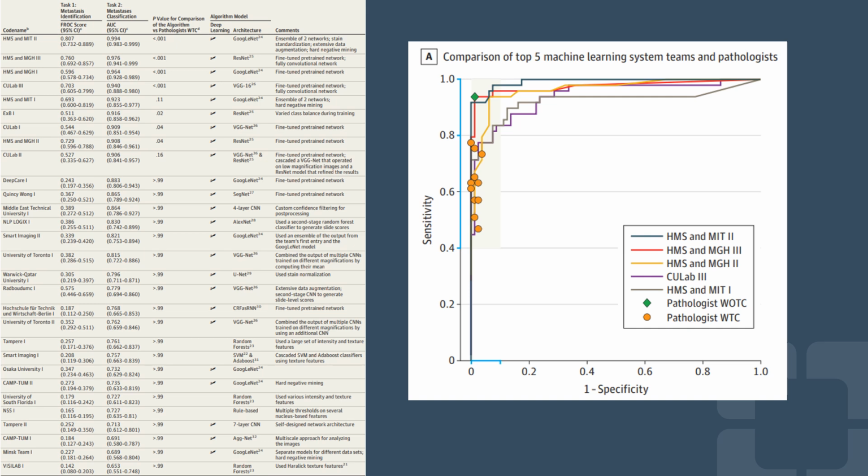And compare that to the receiver operating curves of the various algorithms, and the Harvard MIT team 2, which has the blue curve, was better, even better than all the pathologists, and even the pathologist without time restriction. And looking at the top performances in the table on the left, the teams that had the best algorithms used deep learning with convolutional neural networks. And as you remember, this is perceptual data, which is where CNNs do very well.